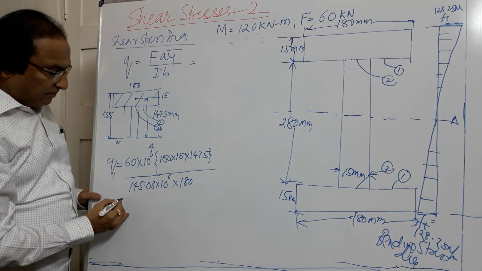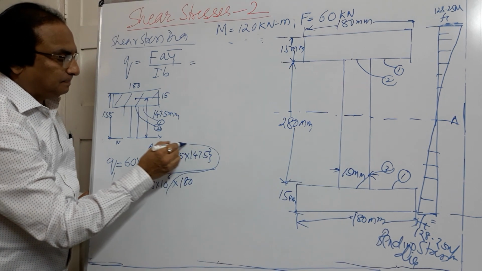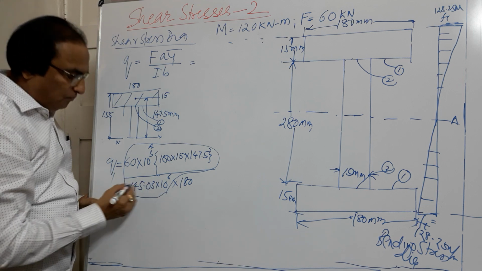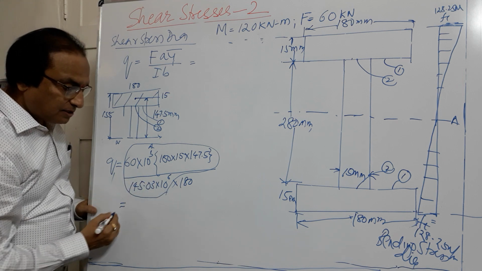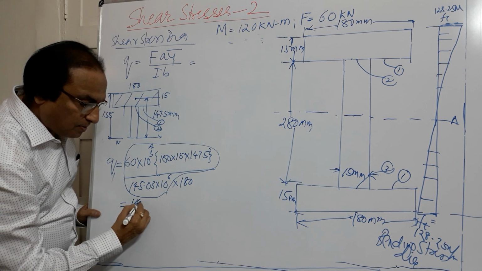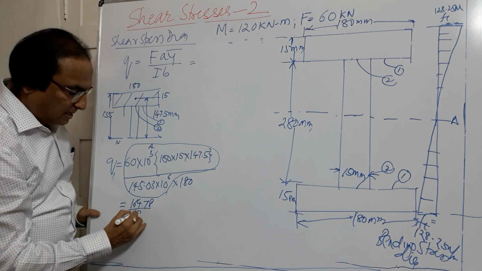If you simplify, I'll take up this part and simplify. We get the simplified part as 164.76 divided by 180.